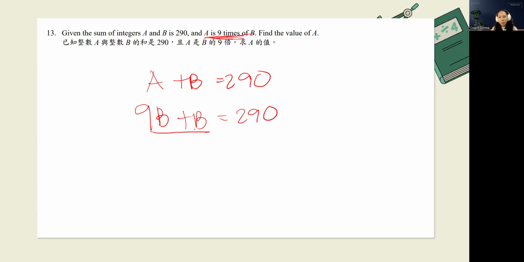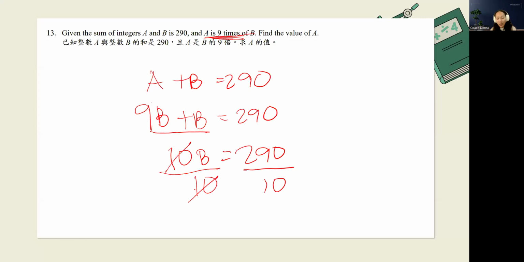Now 9b plus b, 9 b's, add another b. That would be 10 b's in total. So that's 290. 10b, we just want b, not 10b, so divide this by 10. 10 divided by 10 will cancel out. That's why we divided by 10, so that we're going to be left with b. 290 divided by 10 is 29.